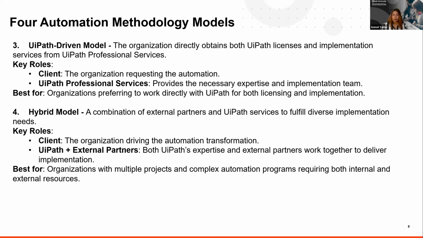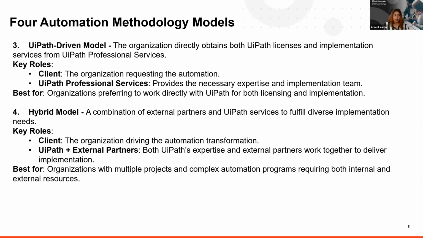Because as companies advance in their automation journey, they typically tend to develop some internal expertise also to do some small work. So I am reaching out to an external partner to get 5 processes automated, right? But I also want to have some internal expertise to be able to maintain that project internally. So that's the hybrid model.